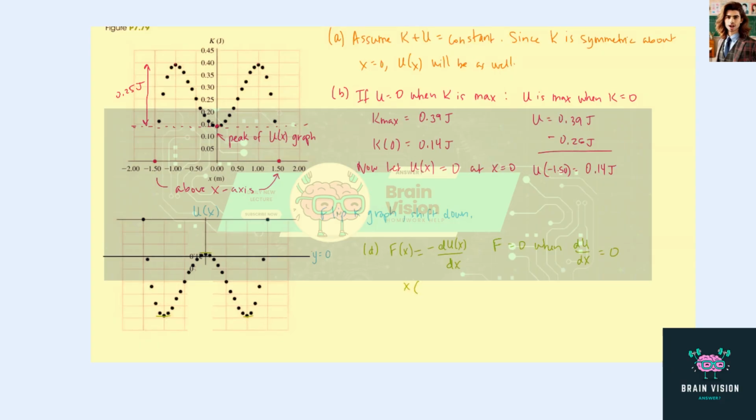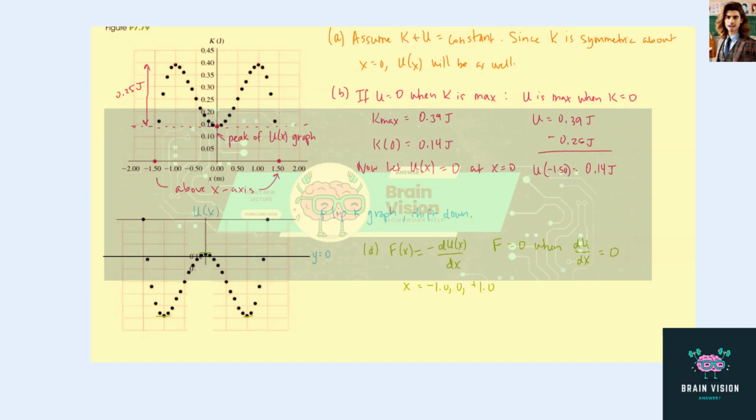So it's going to occur at x equals negative 1.0, 0, and positive 1.0. I realize I don't have an x scale, but it's the same scale as our kinetic energy graph.